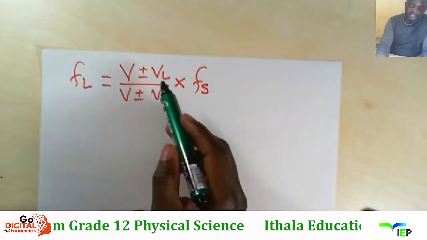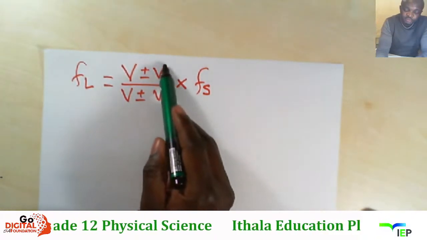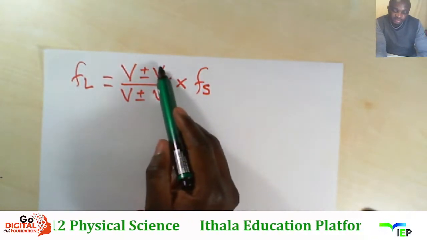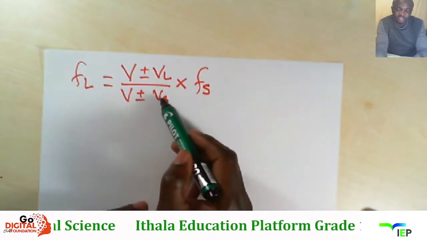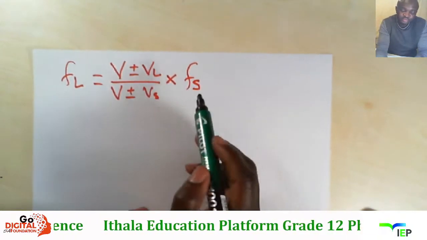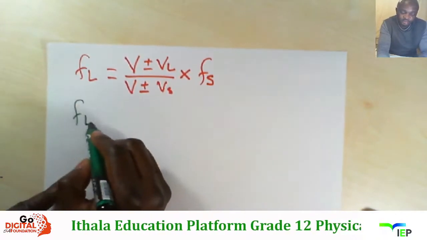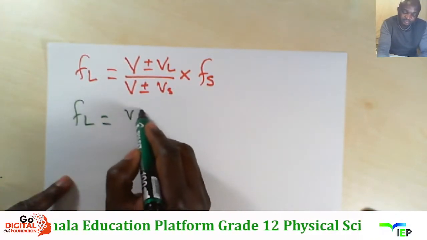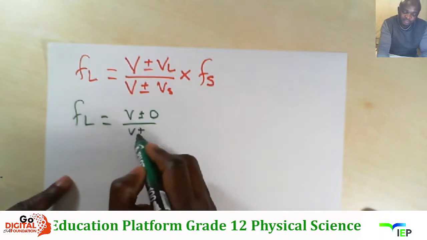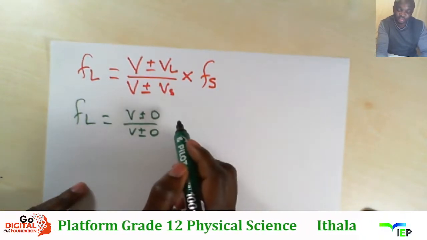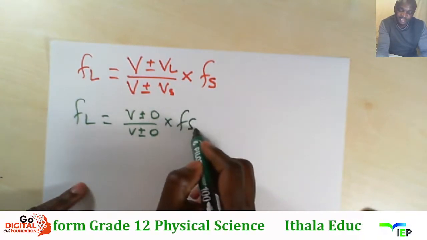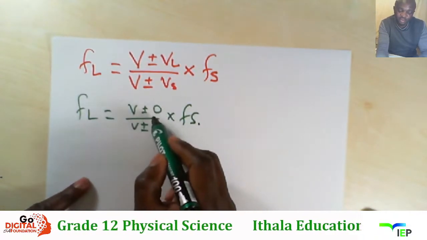So you will see that when you analyze the equation, if VL is not moving, it is 0, and Vs, maybe the source of the sound is not moving, it means I replace: FL equals V plus or minus 0 over V plus or minus 0, meaning there is no relative motion, times Fs, V over V is 1, right?